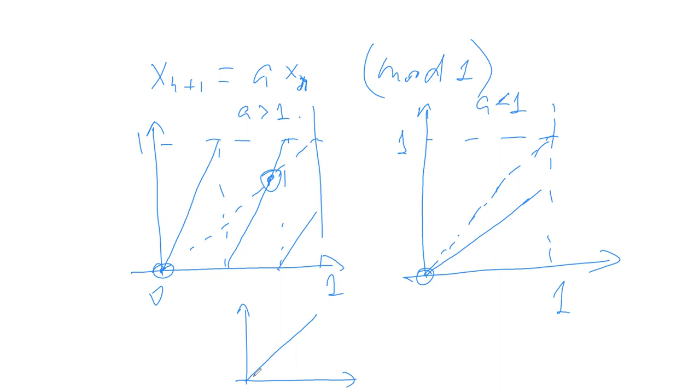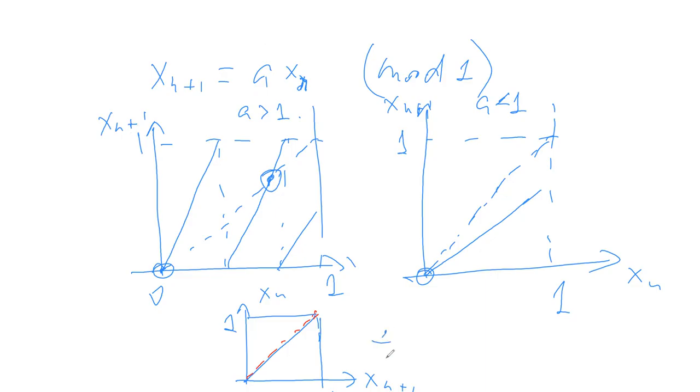I don't know how to change color here. So our function coincides with the diagonal line. So everywhere is the same. xn, xn plus 1.